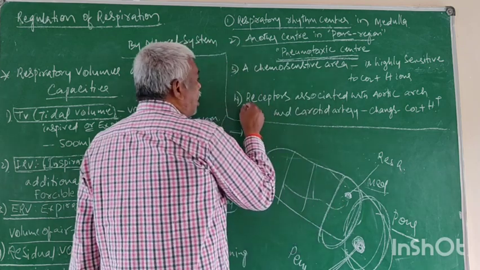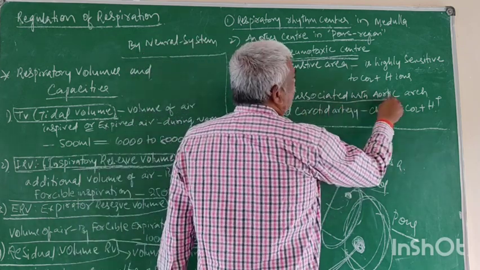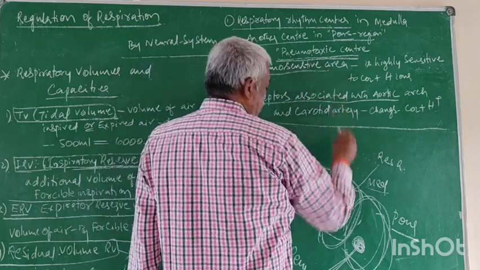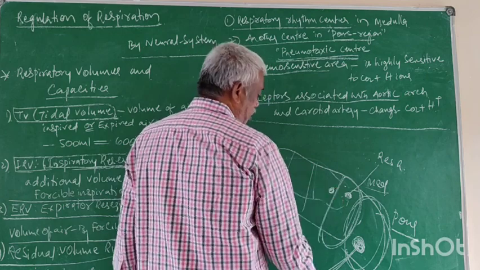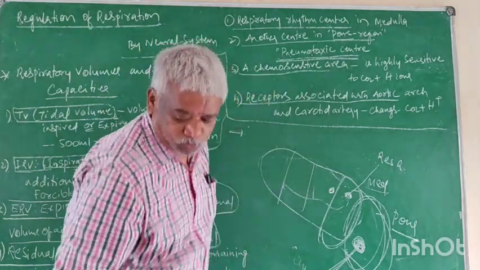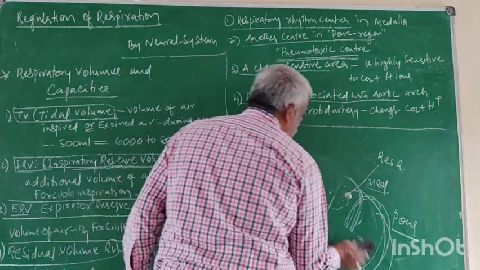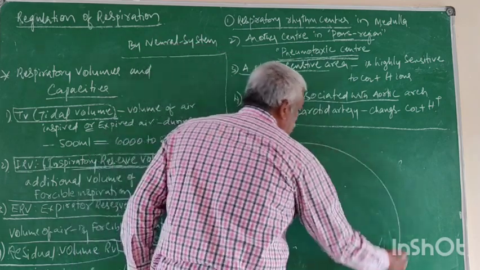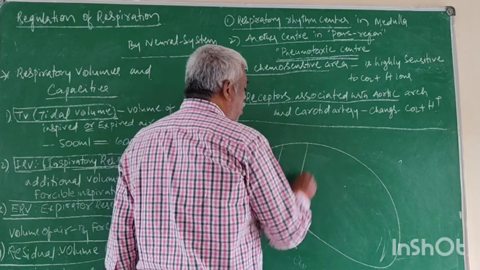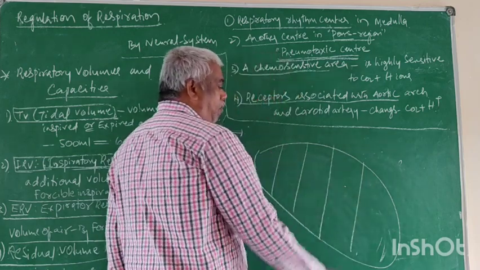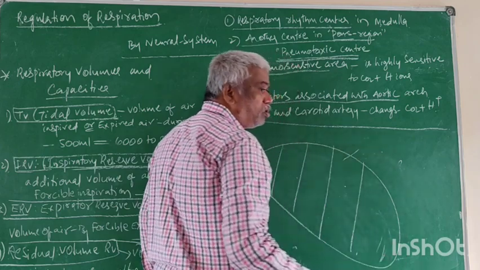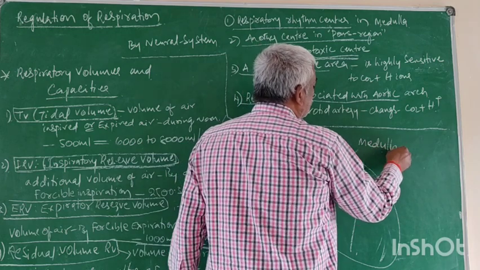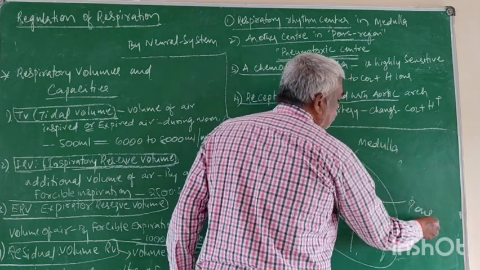Right. Now come to the receptors associated with the aortic arch. Now let's take the next center, a chemosensitive center. It is another center. Suppose this is the brain, and these are the parts. According to the situation, this part is called the medulla. This part is called the pons.